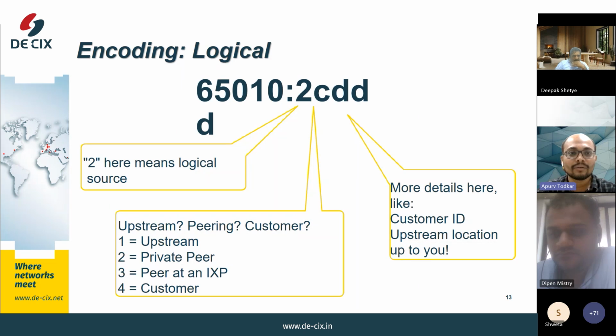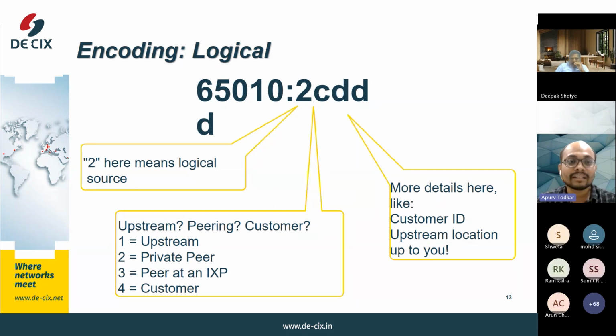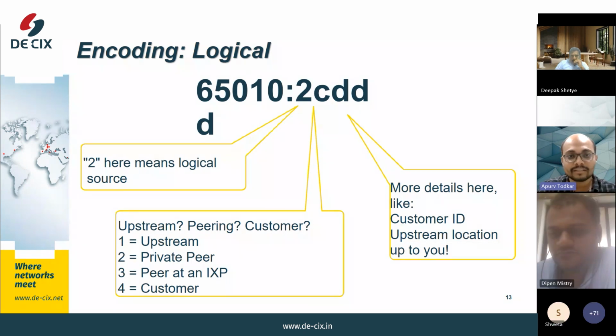And this digit serves to identify that the encoded value refers to the type of relationship the prefix was received from. In this case, as I have mentioned, it's received from a peer or from a customer or from an upstream provider, for example. Okay. By using this approach, you can distinguish between different types of information, the geographical information and the logical information within your BGP communities.